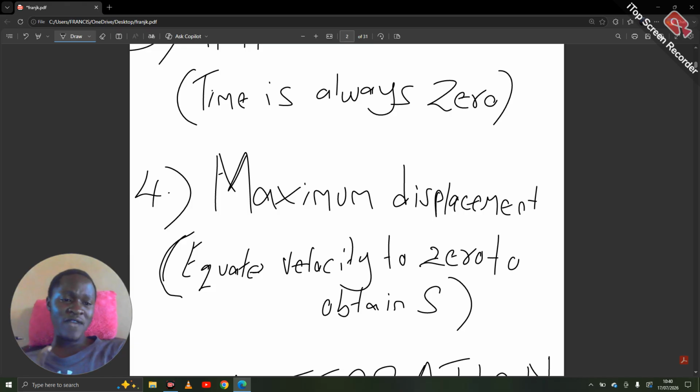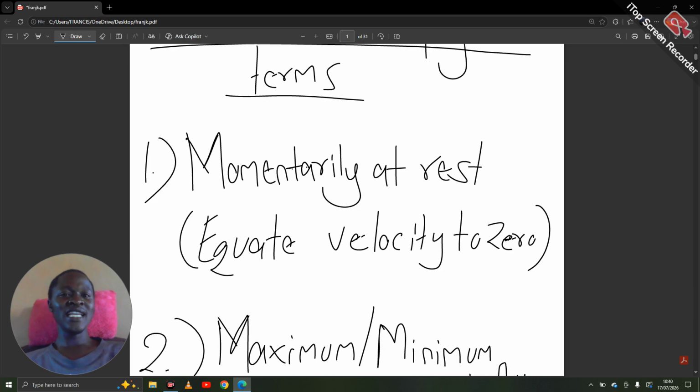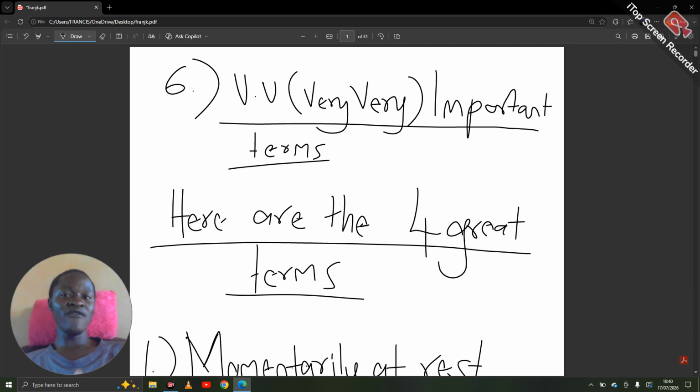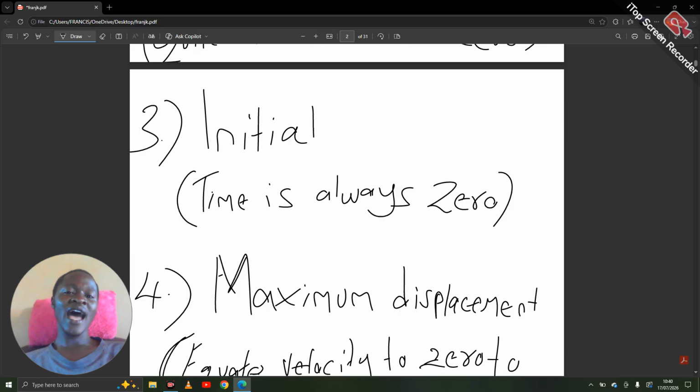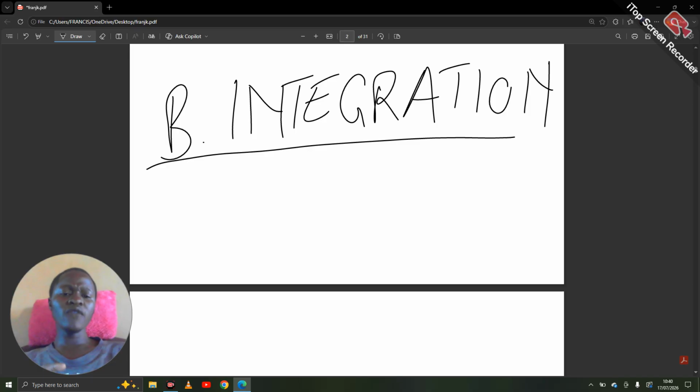Whatever I've taught you previously are just minor parts of section A, which involves 3 to 4 marks. But in section B, the backbone of differentiation, the backbone of calculus, the backbone of integration is in this part, the very important terms, and the part of integration, which is also very short.